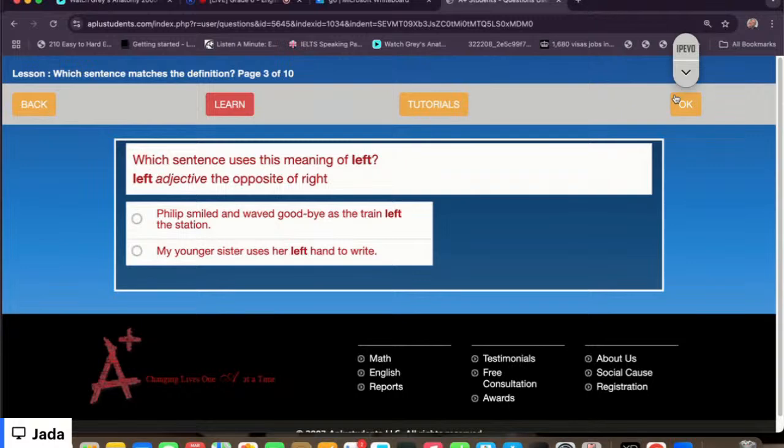All right, so which sentence uses the meaning of left? Left, adjective, the opposite of right. Philip smiled and waved goodbye as the train left the station. My younger sister uses her left hand to write. So which one gives the right definition of left?